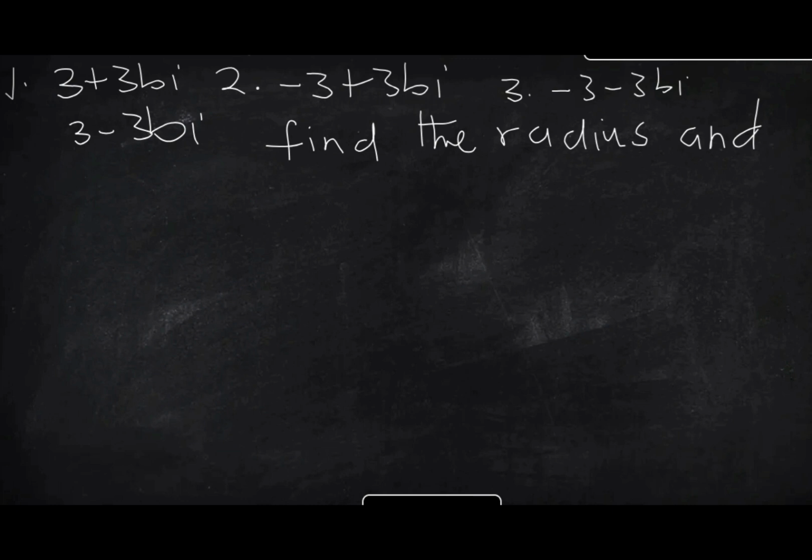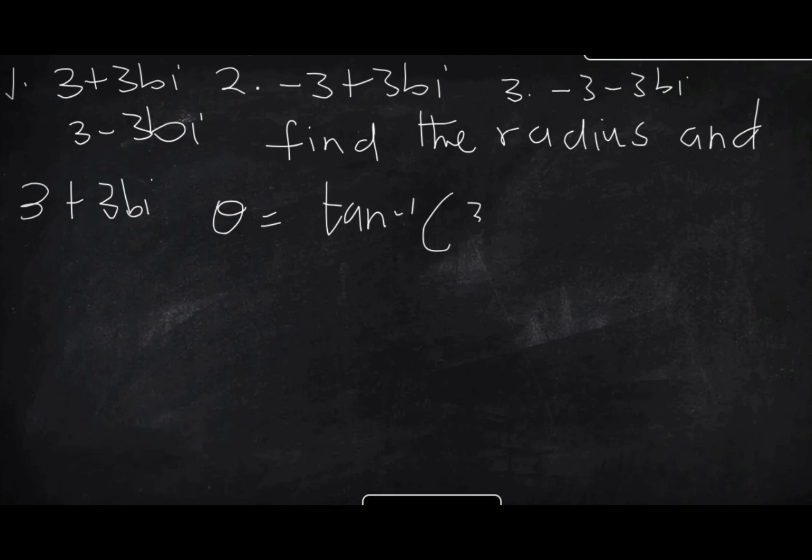Taking the first one, 3 plus 3i, our theta equals tan inverse of 3 over 3, which is 1. So tan inverse of 1 equals 45 degrees.